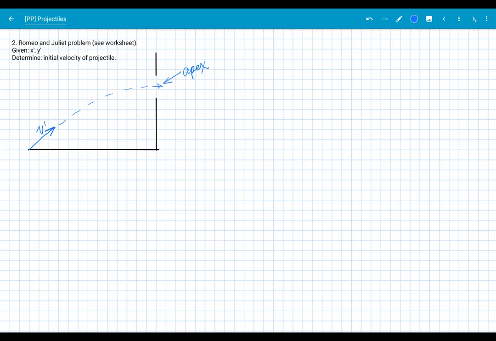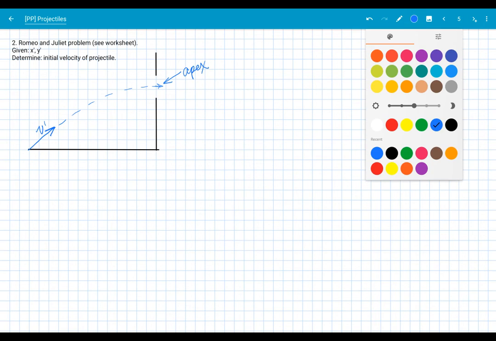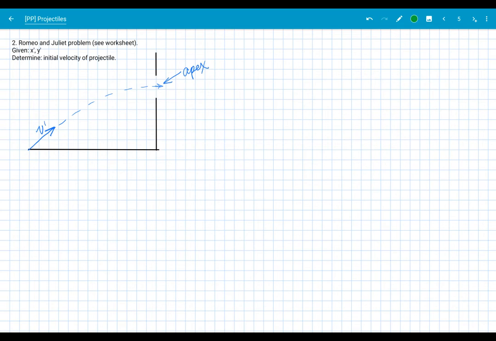And also, what we're given in this problem is these x prime and y prime. So when the pebble crashes through the window, it has traveled some horizontal distance x prime and some vertical y prime. So let's also label those in this situation here.